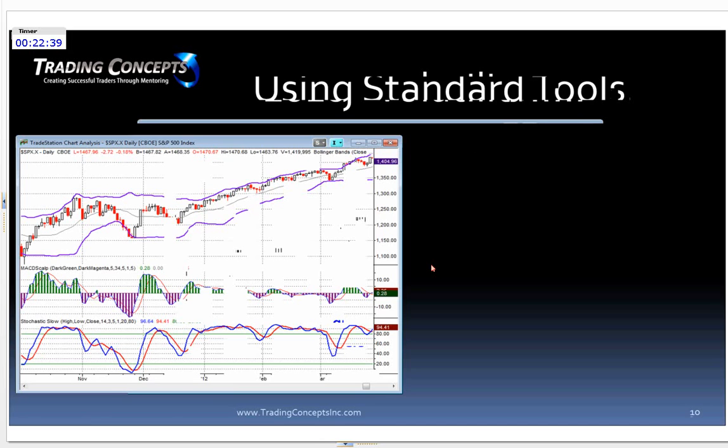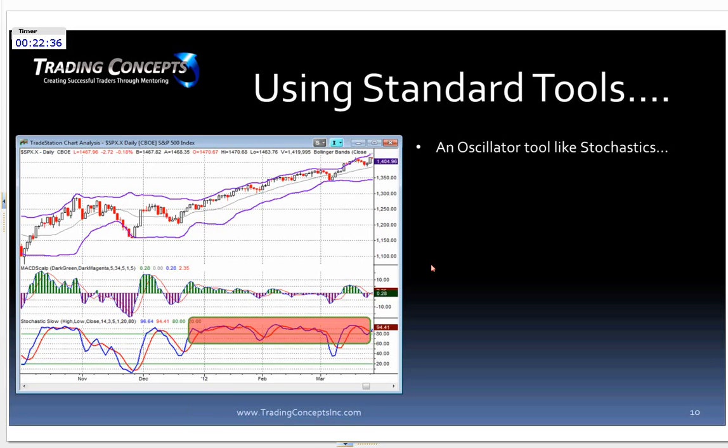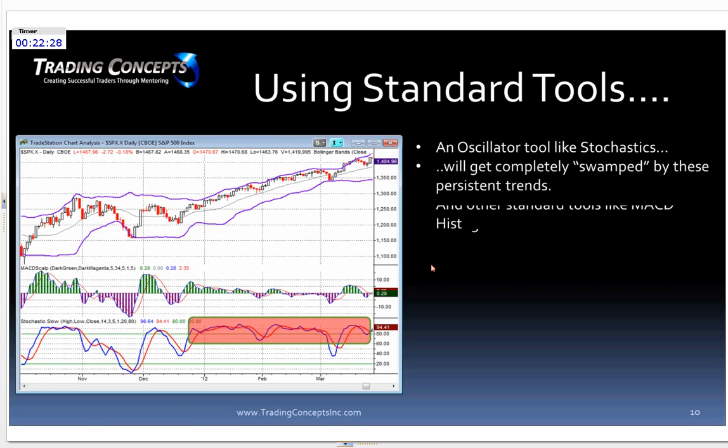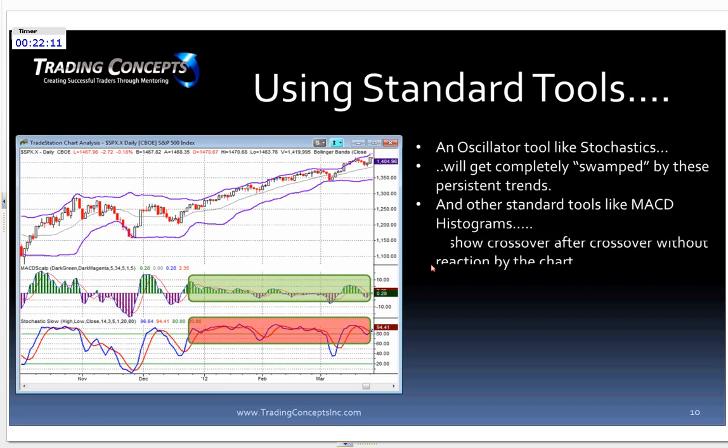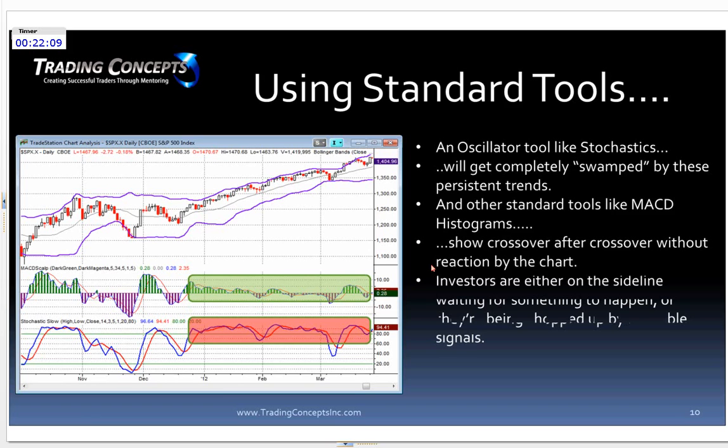So if we use our standard tools, an oscillator like stochastics is just going to get swamped. It's going to produce useless signals, especially at the top. We see these overbought, overbought, overbought readings literally for months at a time. It's useless, okay? And even things like MACD histograms, which Alexander Elder once called the strongest signal in technical analysis maybe 10 years ago, also become useless because you see divergence after divergence and crossover after crossover.